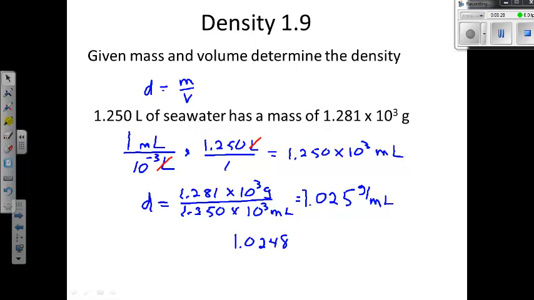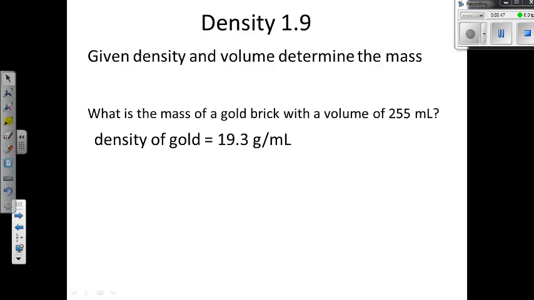What you would expect is it'll be a little more dense than water because it has inorganic salts dissolved in it. So that makes sense. 1.025 grams per milliliter. So a little unit conversion there, right? Necessary to get the proper units for my final density, right? These are the kind of things that you can throw in there to make it interesting.